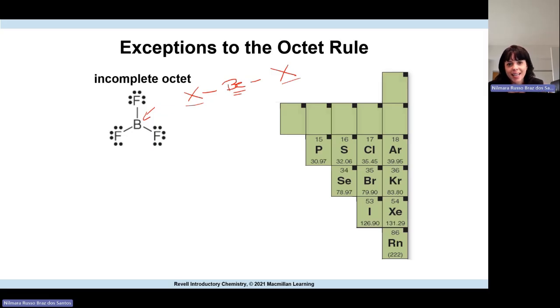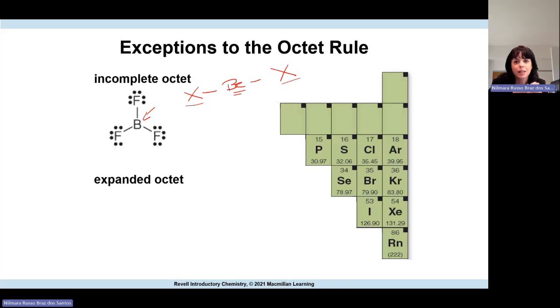And also we have the expanded octet, because I'm pretty sure you're asking yourself, okay, we have atoms that can be happy with just a small quantity of electrons, like boron with 6 and beryllium with 4. Do we have atoms that can be happy with more electrons?